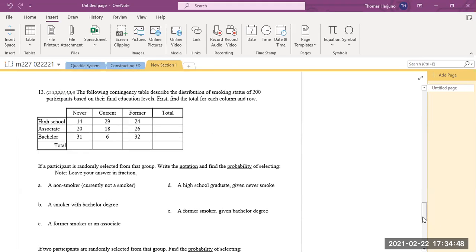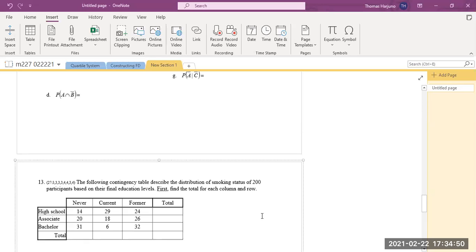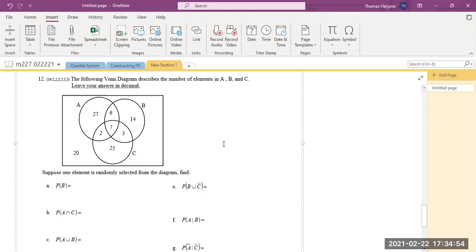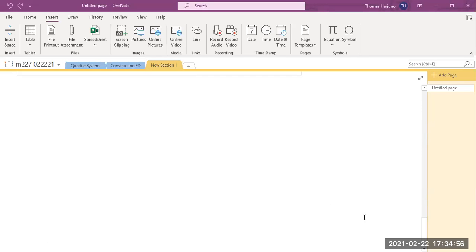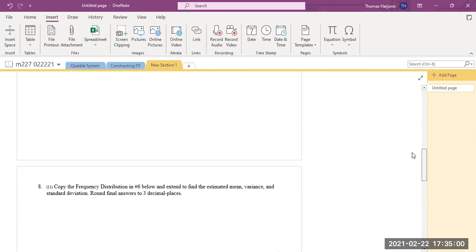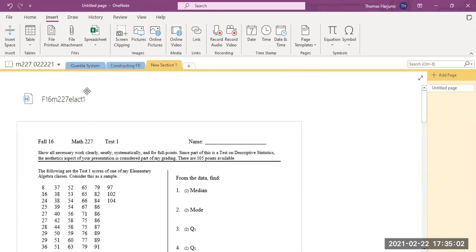So I will get rid of this page here. You will see that from all my test one, past test one, you can do problems number 1 to number 8 already.